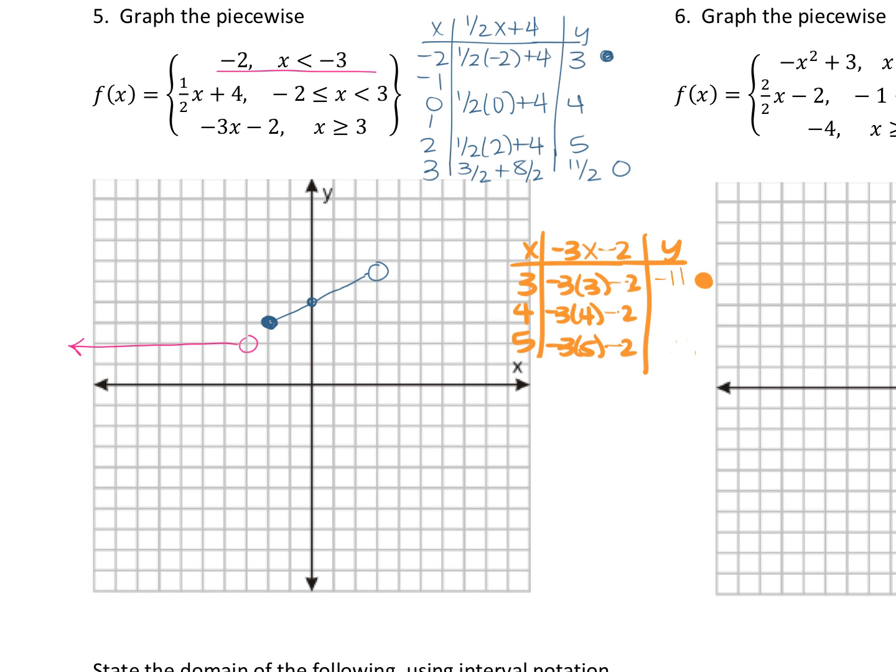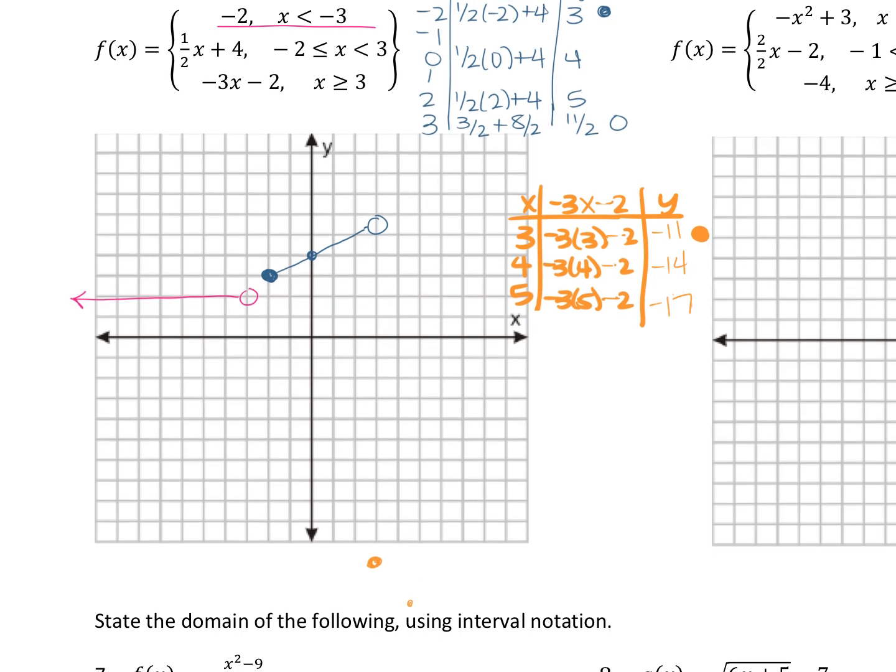That doesn't even fit on our graph. Negative 3 times 4 is negative 12, minus 2 is negative 14. Negative 3 times 5 is negative 15, minus 2 is negative 17. So we are going to be at 3, negative 11, which is about, let's say here. Then 4, negative 14 is about here, so our line is going to be off the graph and kind of look like this.